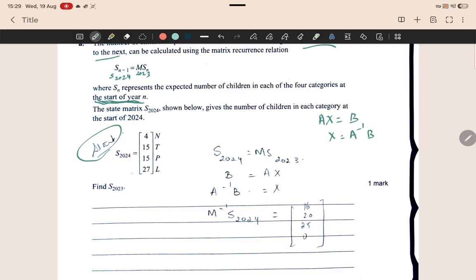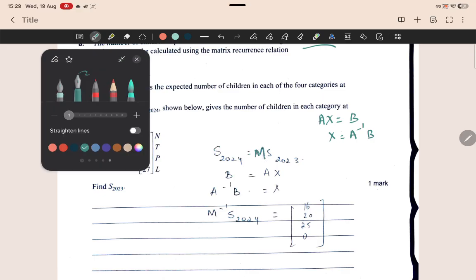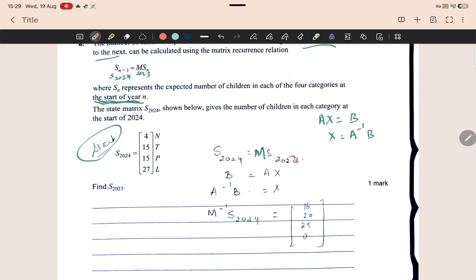So if 2024 is given, it is a transition on 2023. So this is Ax, which is my unknown, is equal to B. So that implies x is A inverse B.